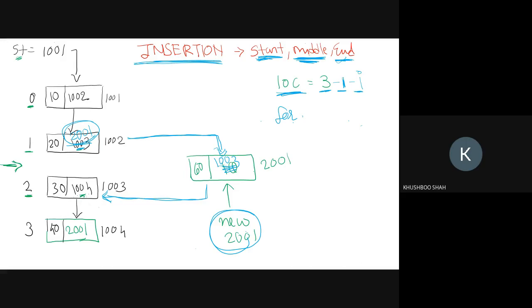One more thing you need to take care of, the same thing we talked about in the start. The mistake we normally make is assigning the new address first, but before that I have to assign this 1003 over here, and after that I can assign 2001 here. You have to take care of this when writing the code.